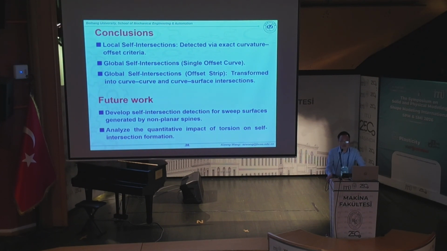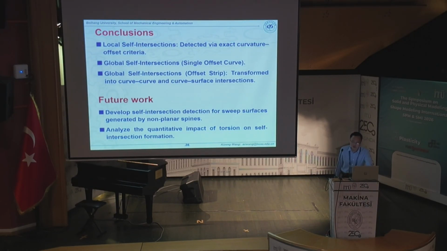In the end, I give the conclusion of the presentation. We present an approach for detecting self-intersection in sweep surfaces that addresses three types of self-intersections: local self-intersection, global self-intersection based on a single offset, and global self-intersection based on offset strip.